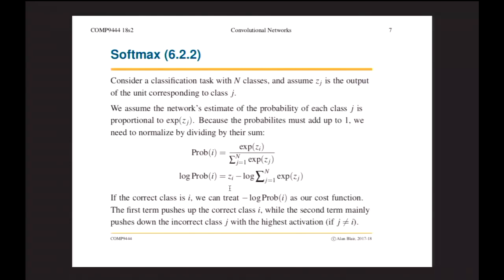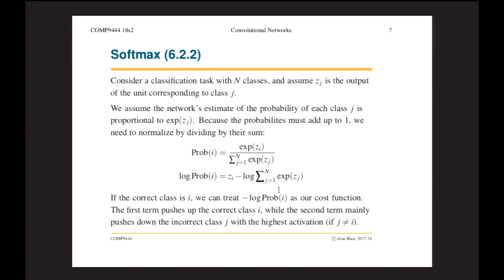Now, what happens with this other term is, if there's some class whose output is bigger than the correct class, then it's going to get reduced heavily, right? So if the correct class is very high and everything else is very low, those weights for the other classes are not going to change very much, actually.